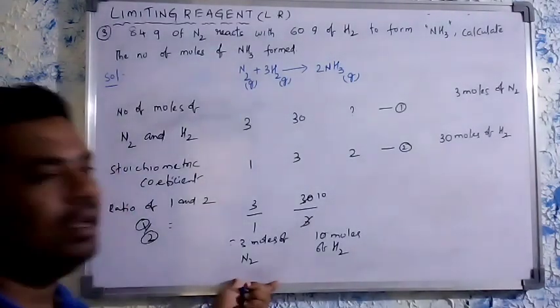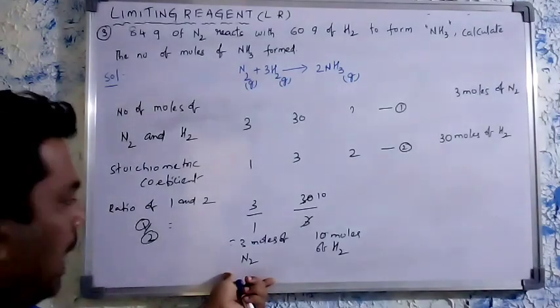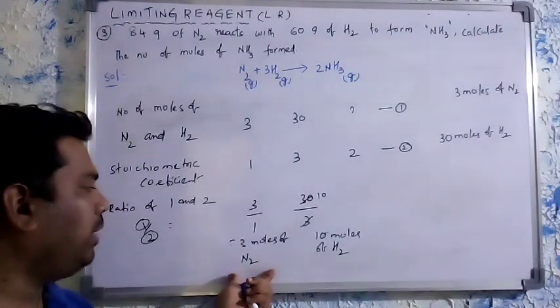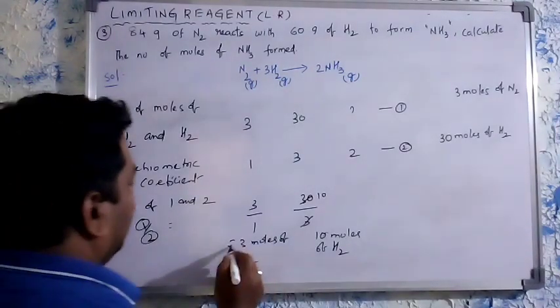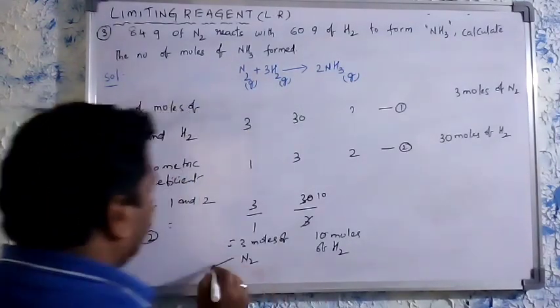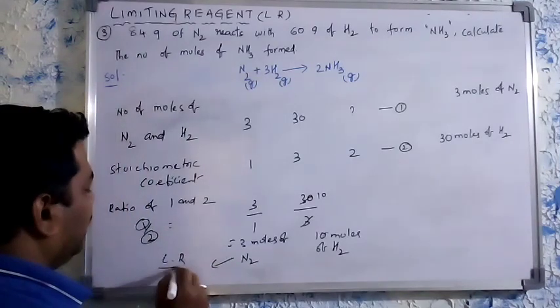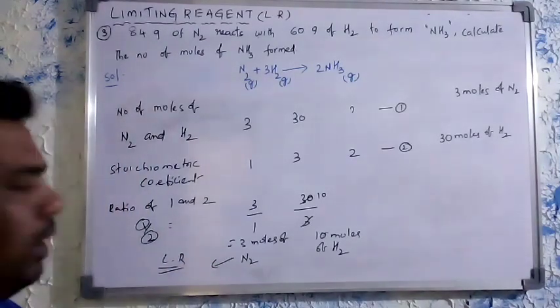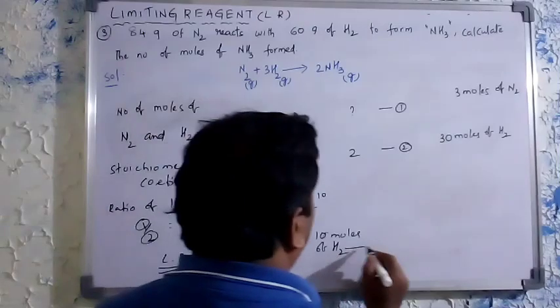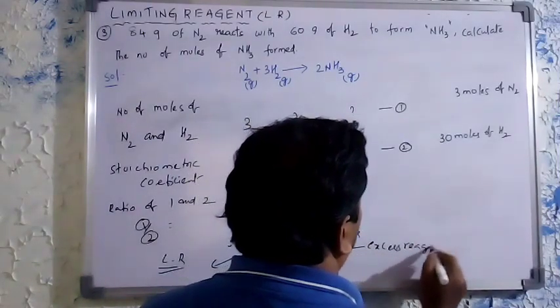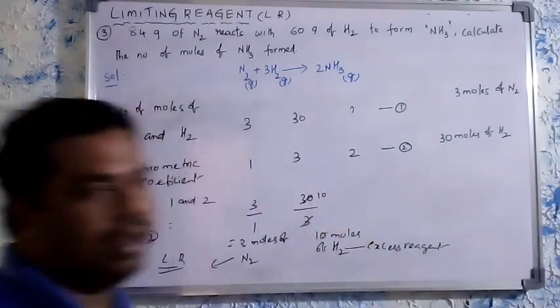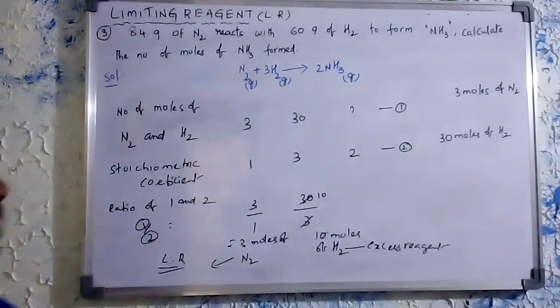So based on the data, 3 moles of nitrogen means it is completely consumed in the reaction. That's why N2 is the limiting reagent, and H2 is the excess reagent or reactant.